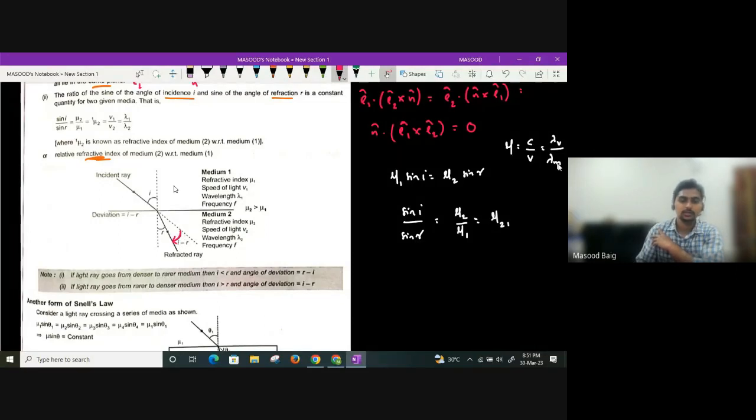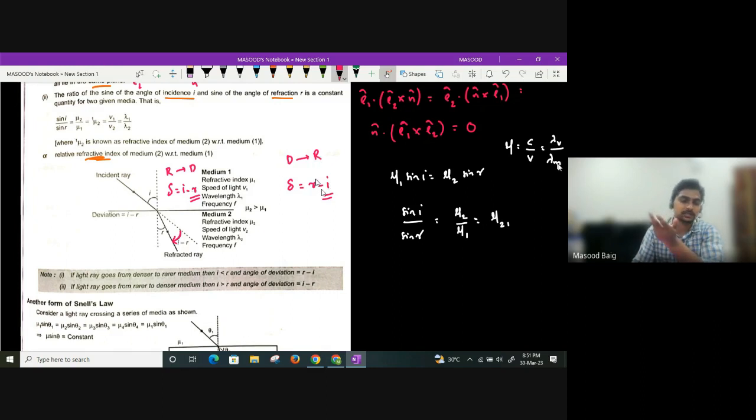So the deviation in this case will be written as I minus R. In the same manner, if it is traveling from denser medium to rarer medium, the refracted ray will bend away from the normal. In that case, deviation will be given as R minus I, guys. Two things we have: when it is traveling from rarer to denser, I minus R; denser to rarer, deviation will be given as R minus I.